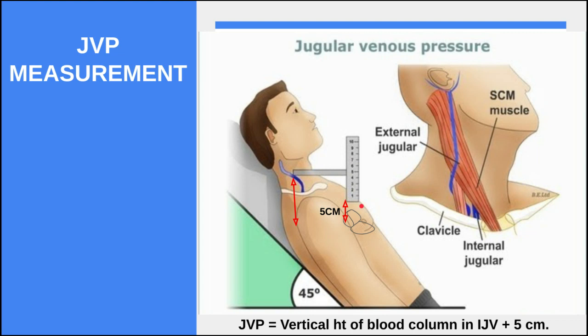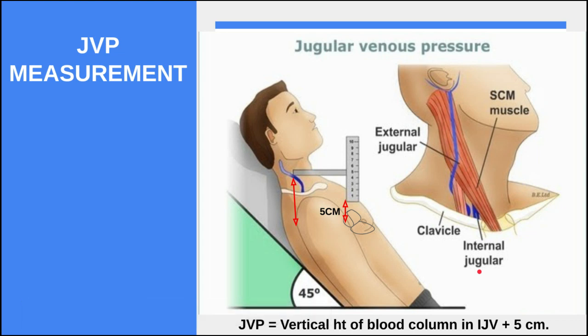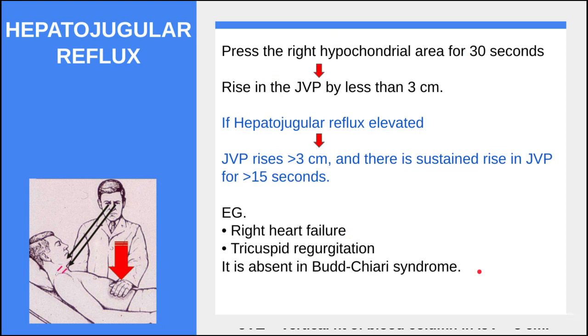Now add 5 to this reading and it will give JVP in centimeter of H2O. This 5 centimeter is the distance between the sternal angle and the center of the right atrium. So JVP is the vertical height of the blood column in the internal jugular vein plus 5 centimeter. It should be less than 9 centimeter.